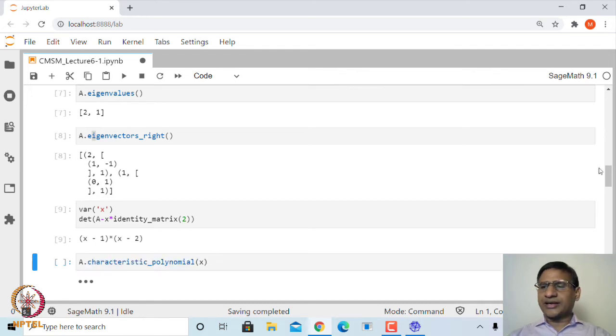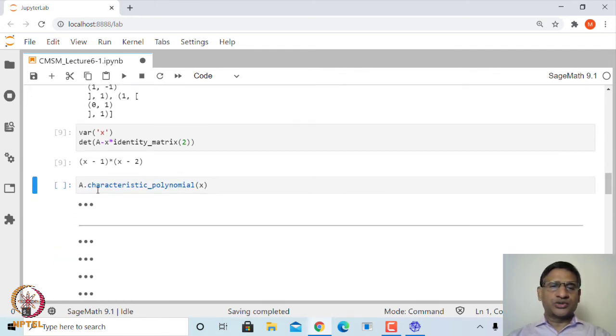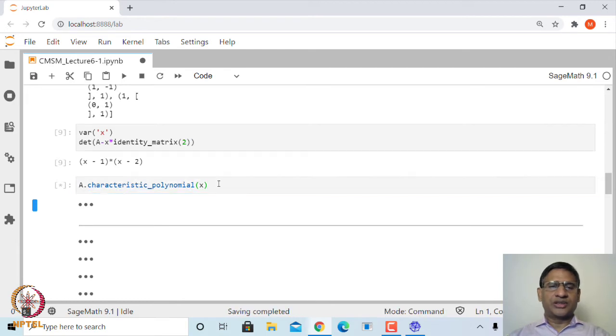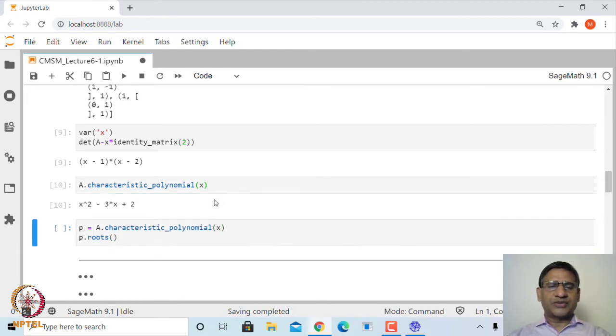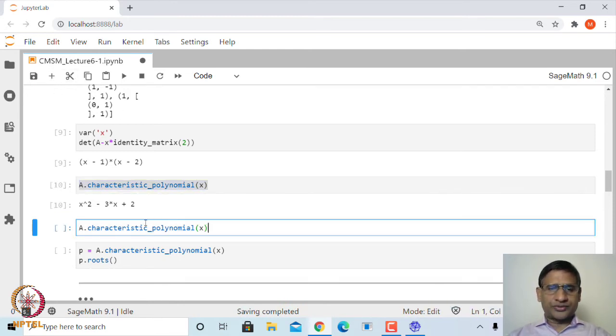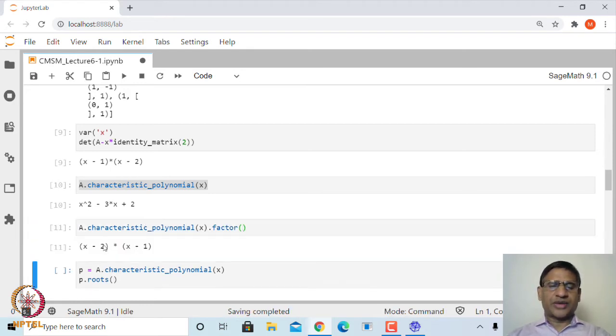You can find the characteristic polynomial using an inbuilt function. So, A dot characteristic underscore polynomial, in the bracket you write the variable in which you want this characteristic polynomial. That will give you the characteristic polynomial of A. So, this is x square minus 3x plus 2, which is nothing but x minus 1 into x minus 2. You can find the factors of this using factor.